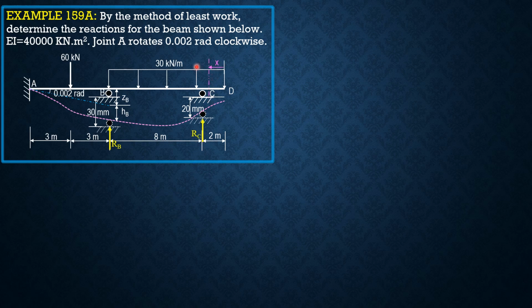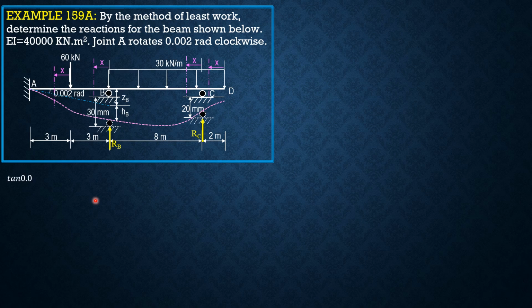And this will be our sectioning. Then here, then here. So there are 5 sections, but in this section here, by the method of least work, the redundants are not involved, so we may bypass this portion. So there will only be 3 sections.